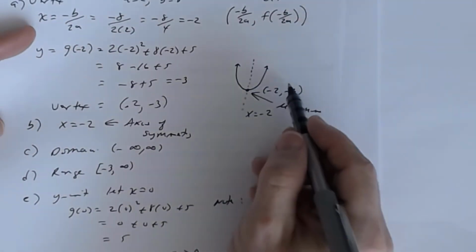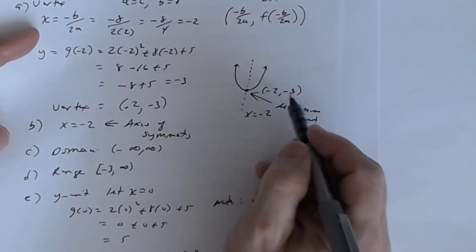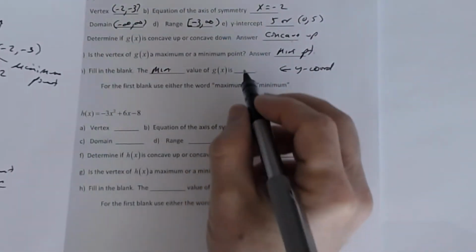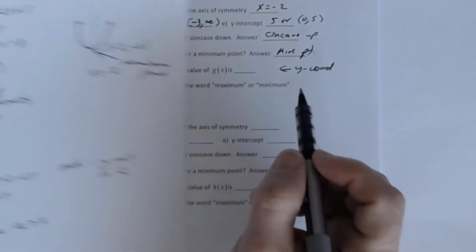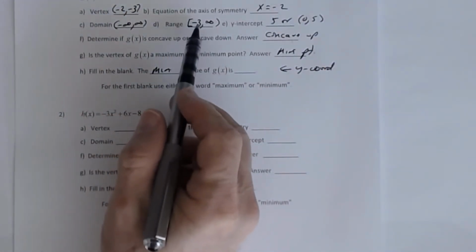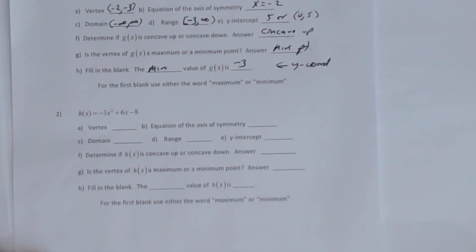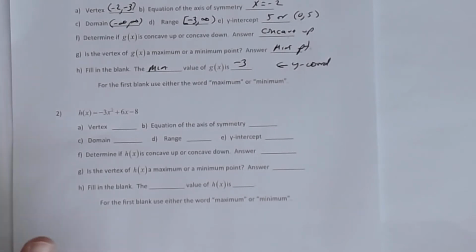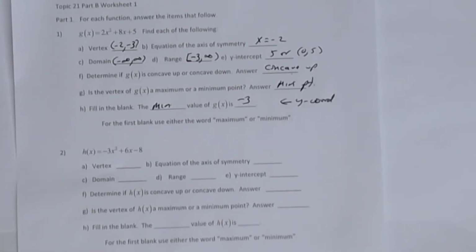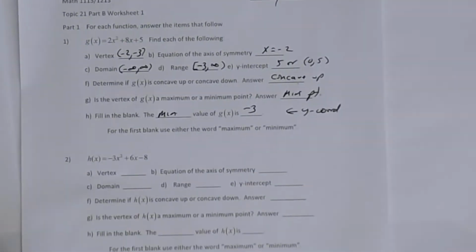So the minimum value of g of x is the smallest y value, and we saw it here, right? From the range, the smallest y value is -3. Okay? And that's all they wanted you to do. They didn't ask you to find the x-intercepts, and they did not ask you to graph this. That's all they wanted you to do in this worksheet, worksheet 1.